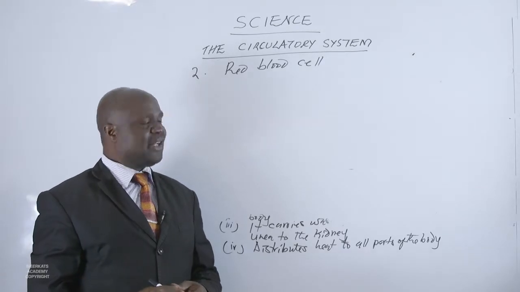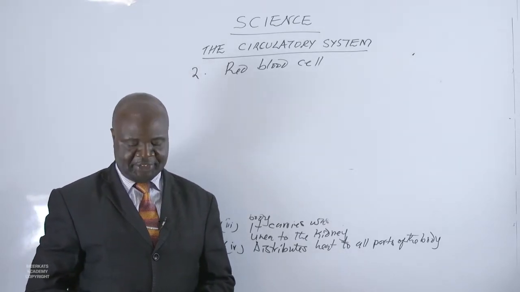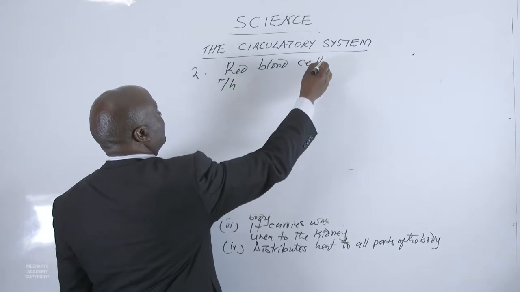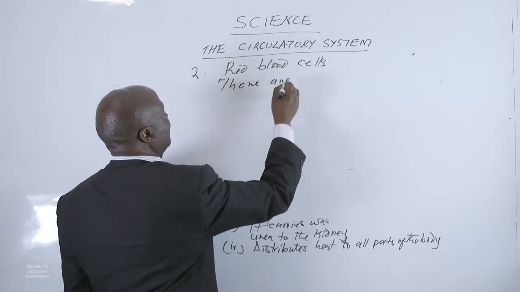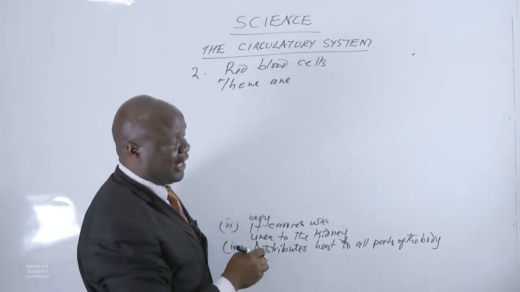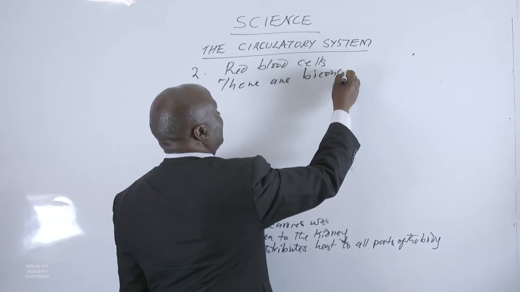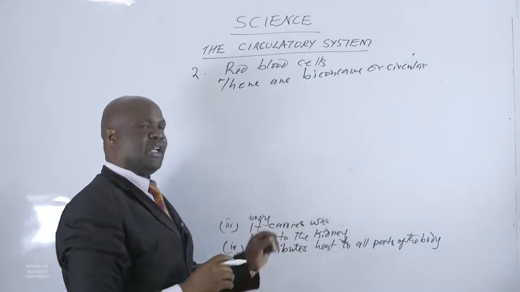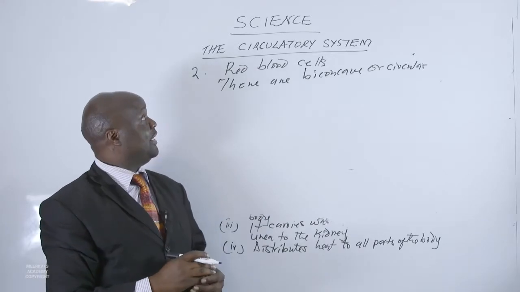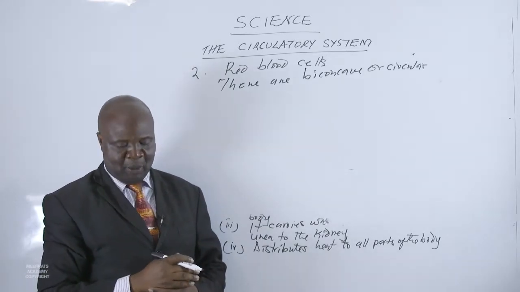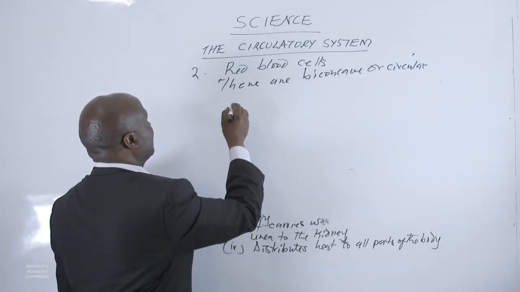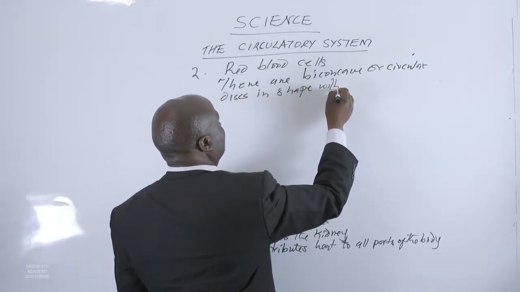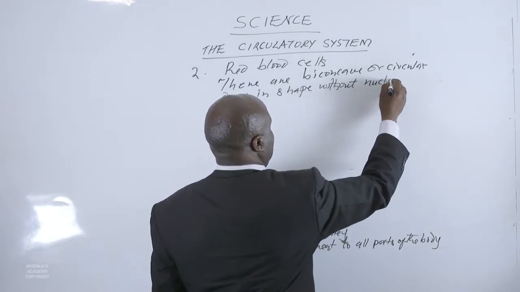So we are saying red blood cells are biconcave or circular discs in shape, without a nucleus. When you observe them, we shall have a diagram to see how they look.